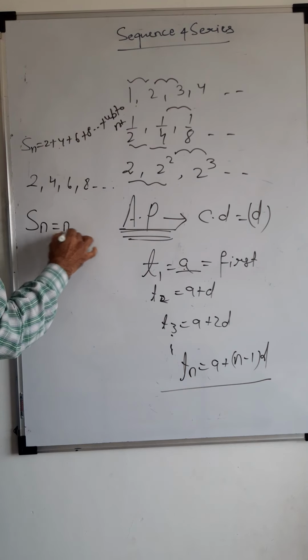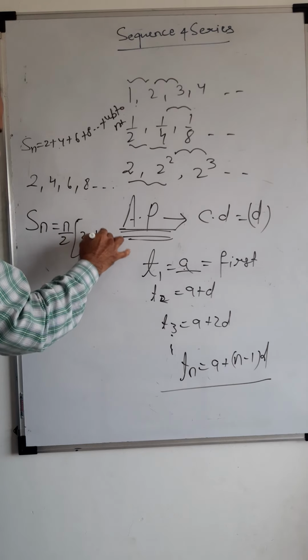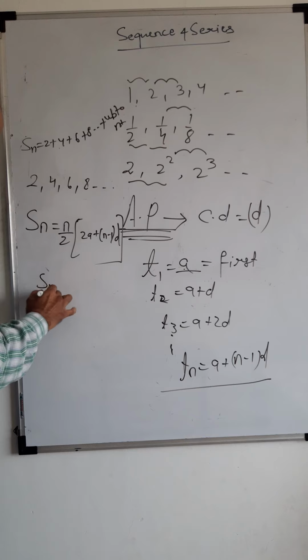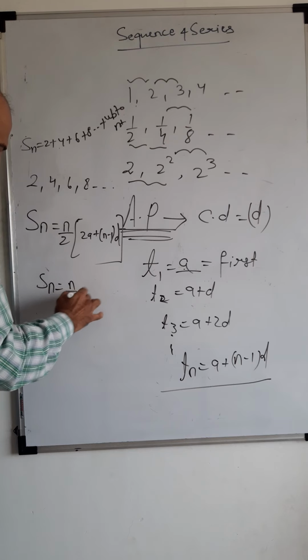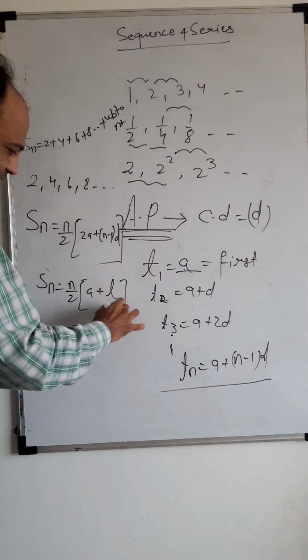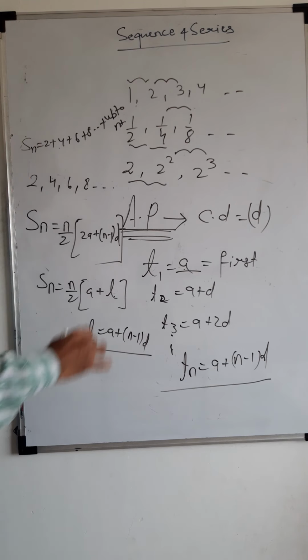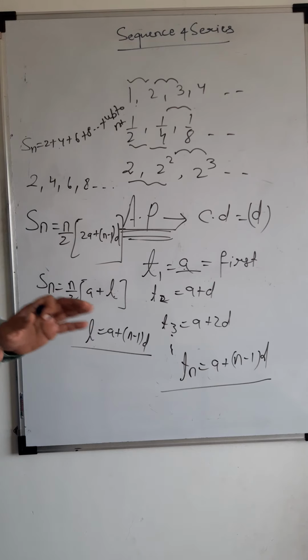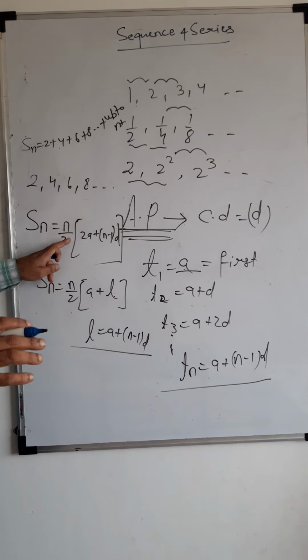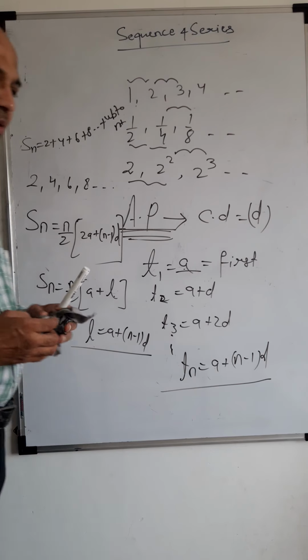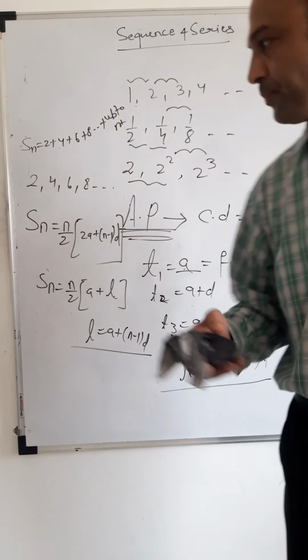So we have the formula n by 2, 2a plus n minus 1 into d. And we also have the result n by 2, a plus last term, where the last term is a plus n minus 1 into d. So these basics I believe all of you are aware of. Sn of an AP is n by 2, 2a plus n minus 1 into d, and also n by 2, a plus l, where l is the last term. Correct? So this is the basics of arithmetic progression.